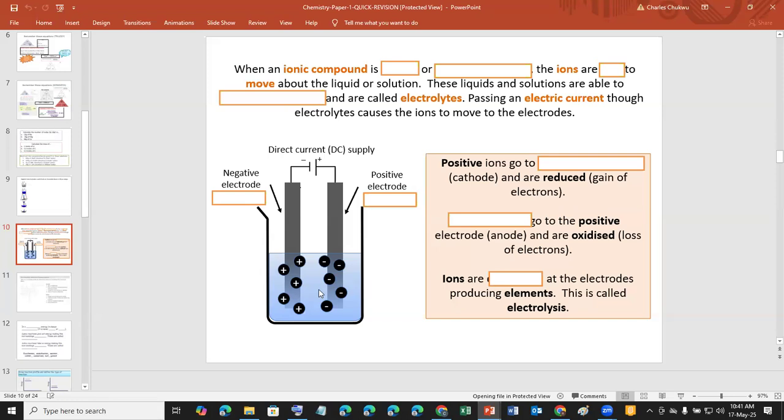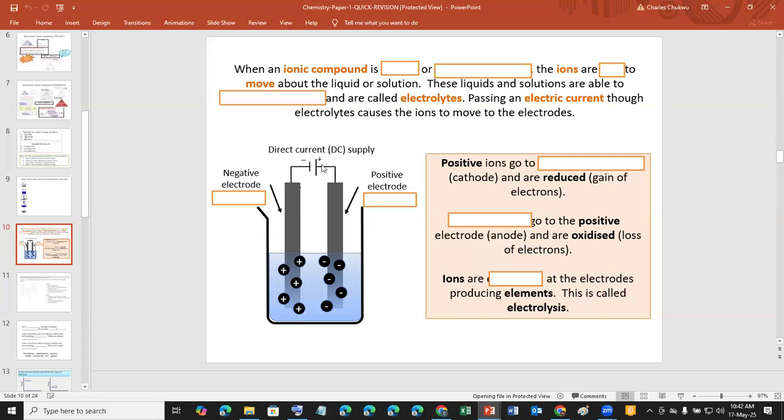Remember, inside a solution of salt, you don't have sodium atoms and chlorine atoms. No, you have sodium ions and chloride ions. So you can see here, the sodium ions, the positively charged ones, will go towards the negative electrode, while the negatively charged ones will go towards the positive electrode. And that's a summary of what happens during electrolysis in what is called an electrolyte.